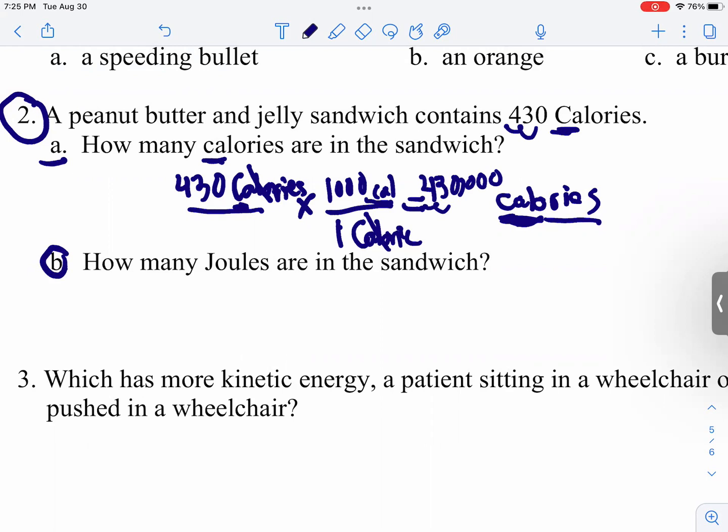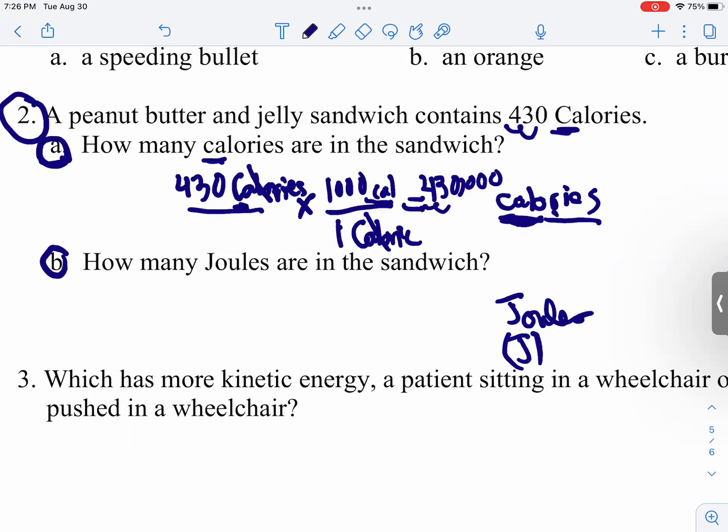All right, B, how many joules are in the sandwich? All right, so this is similar to a problem we worked in class, except they just kind of divided it up. Okay, let's see. You want joules, J. Let me give us some more space here. How are we going to work this out?